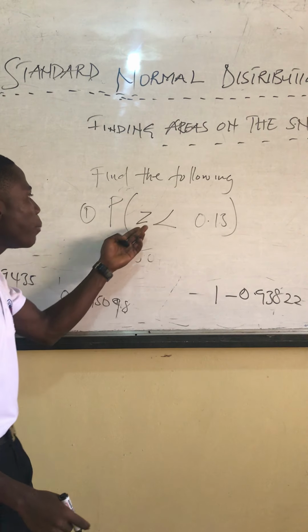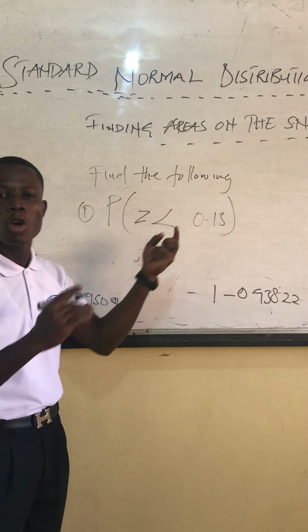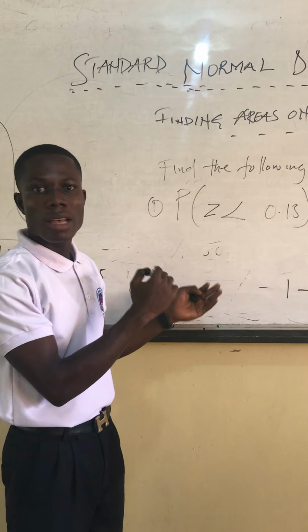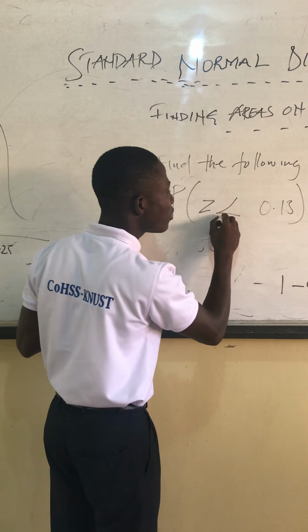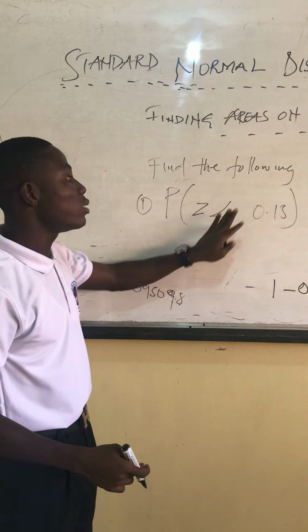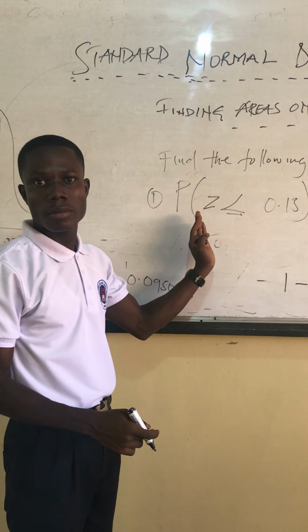When I ask to find P of Z less than 0.13, it's the same as on the left of Z. Sometimes they can bring Z less than or equal to 0.131. This less than or equal to is the same as less than. They will bring this one to confuse you, and it's the same thing.